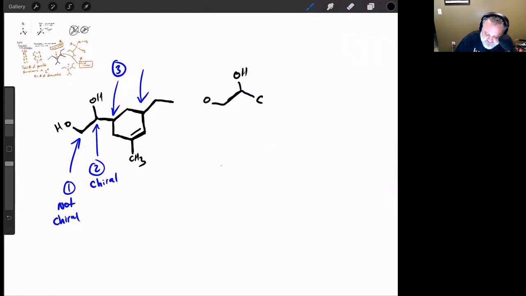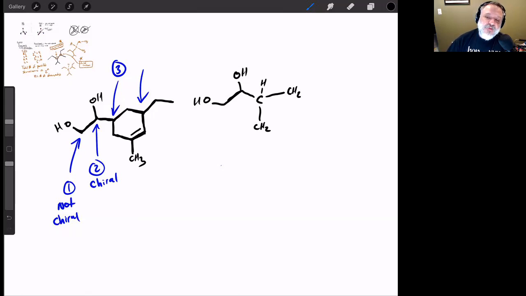It's connected to this OH group. It's connected to a hydrogen. But if I look around the ring, it's connected to a CH2 group. And a lot of students often say, well, those are the same, so then that carbon is not chiral. But that's not really the way to look at it.